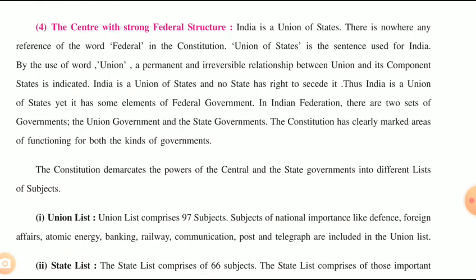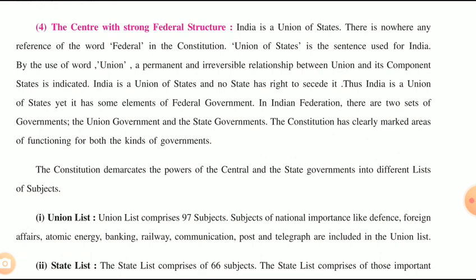So here the union of states and union territories defines the structure of India for different types of government to regulate and govern different areas. And the responsibilities of the union, that is union territory, and the state government are well defined.